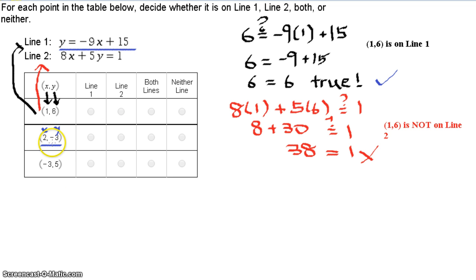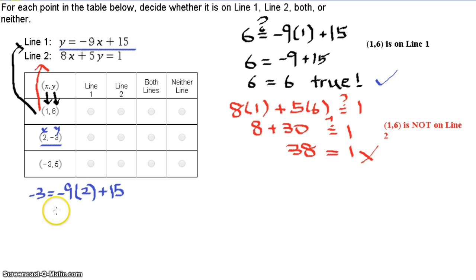My y in this case is -3 because I'm testing it with that point. Is -3 equal to -9 times my x, which is 2, plus 15? If it's true, then the point is on the line.